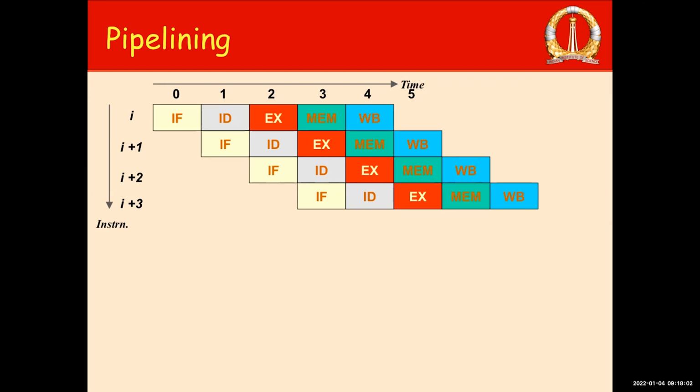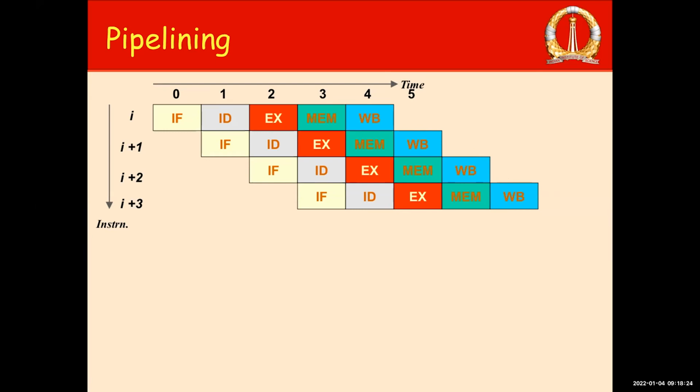So if you keep fetching an instruction every cycle and moving the previous instructions from their current stage to the next stage, then after the pipeline is initially filled, which takes about 5 cycles, in every cycle you will get one instruction completed.